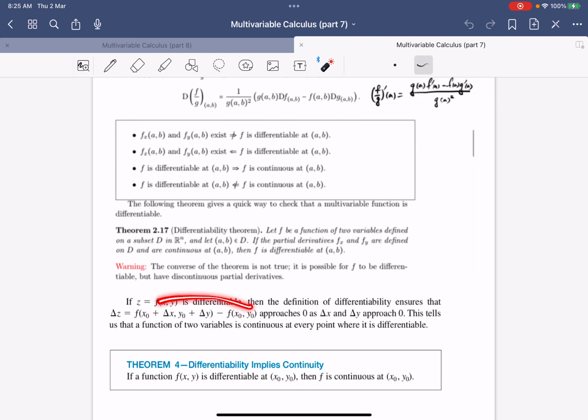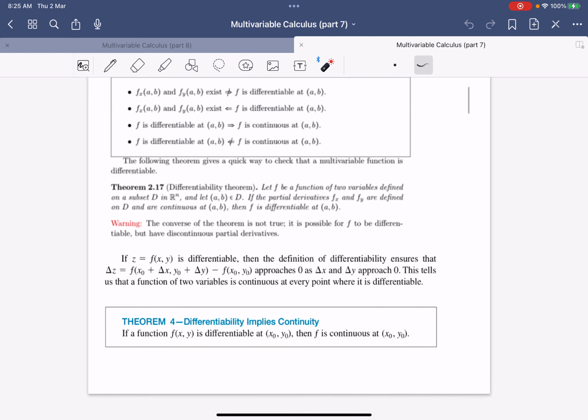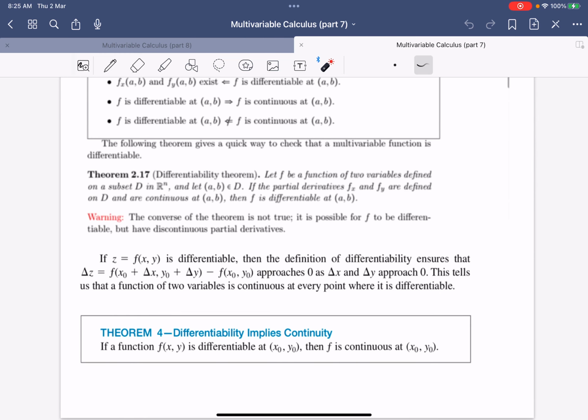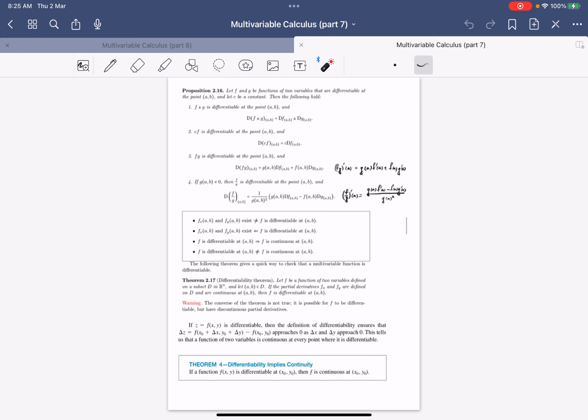And so this whole expression here will approach 0 as the change approaches 0. And hence f(x0 plus the change in x, y0 plus the change in y) must equal f(x0, y0) as the change in x and change in y go to 0. And so this shows that the function is continuous. Hence, we can state that differentiability implies continuity.